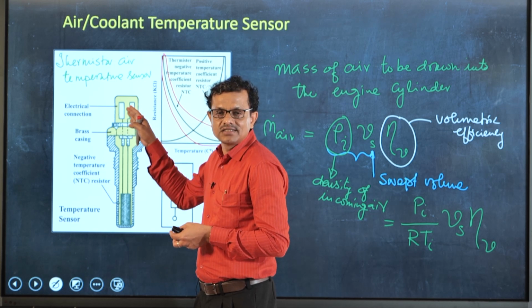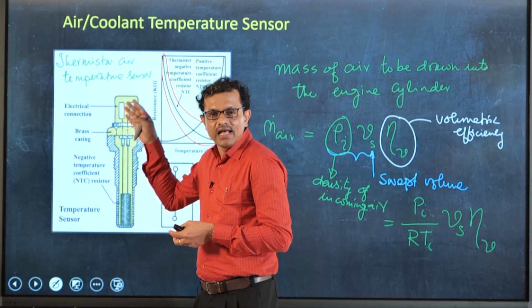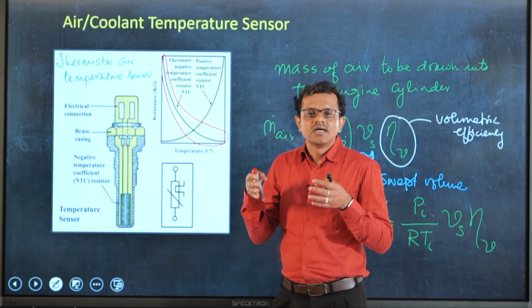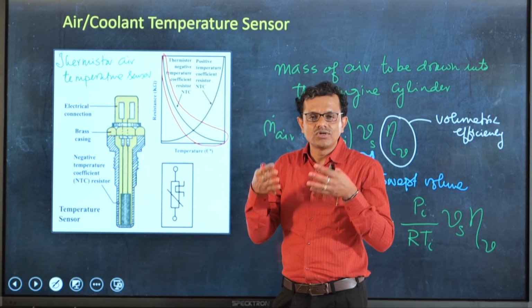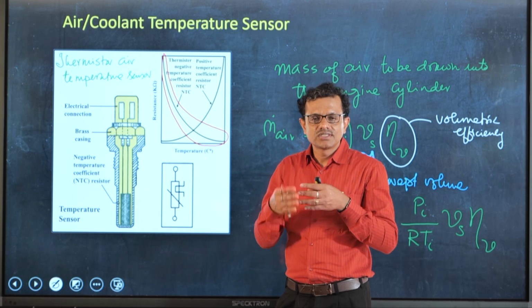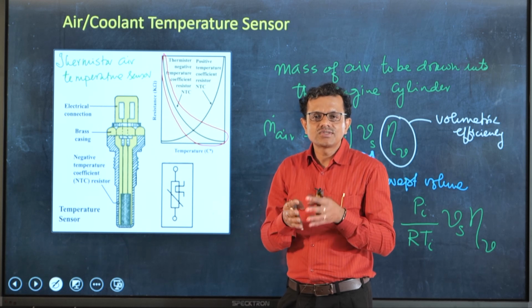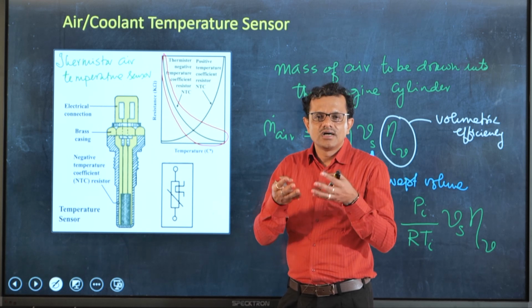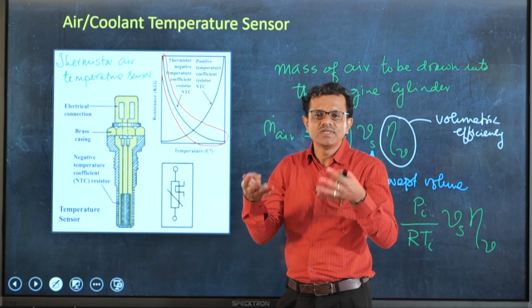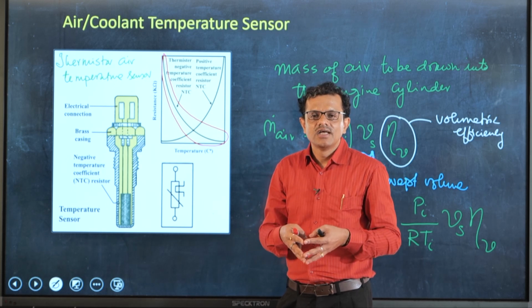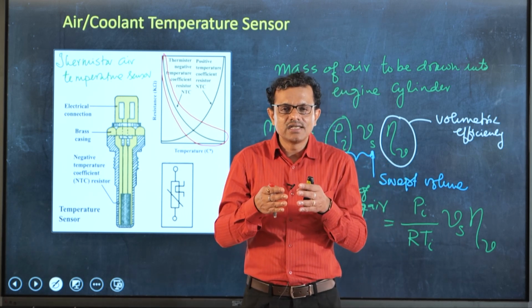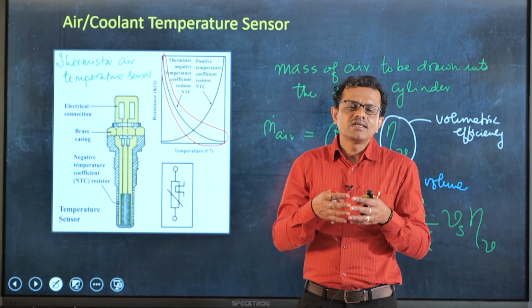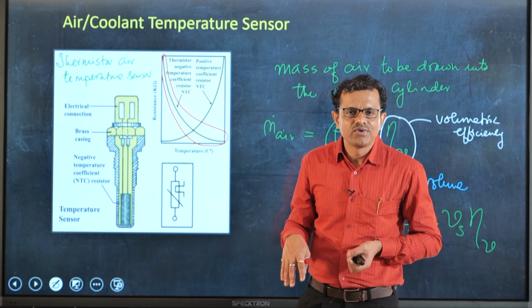That signal is given to the microcontroller, and that microcontroller gives some information to the control unit to set up some correction so as to control the mass of fuel to be injected into the engine cylinder, and the mass of fuel should be injected in such a way that it should be a stoichiometric air fuel mixture.